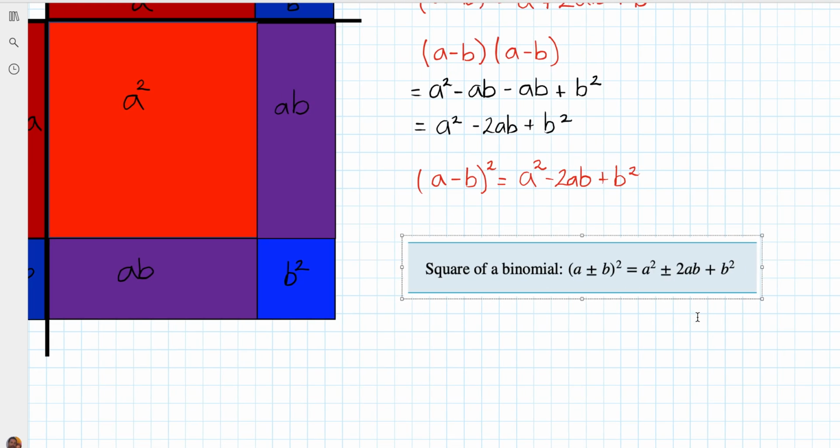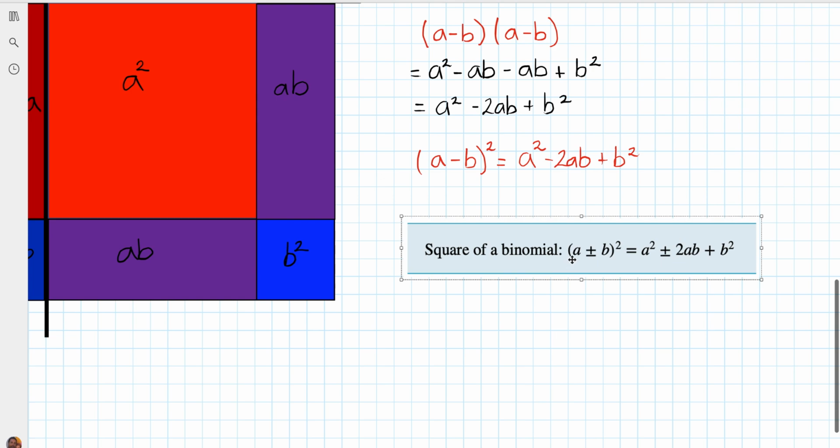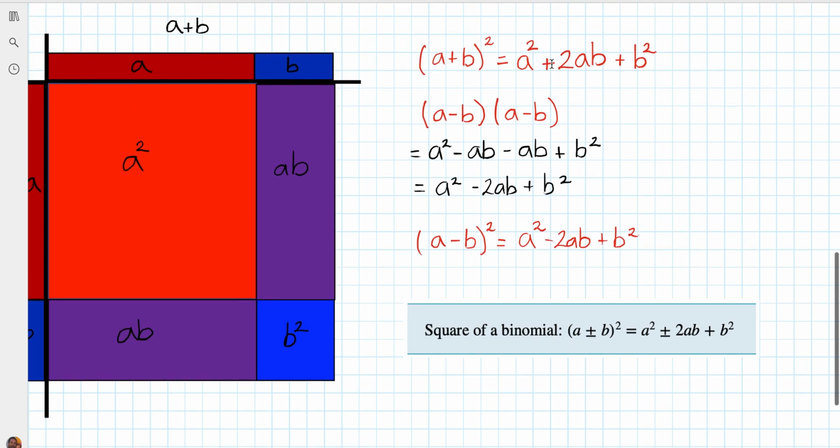It's saying that if you have A plus B or A take away B, squared, to expand it you will have the first term squared. If you're having a plus, then it's going to be plus 2 times the first term times the second term, plus B squared. If you're subtracting, then it's going to be take away 2AB plus B squared, as we demonstrated here. So here is when it's plus, here when it's minus, and here you have it in abbreviated form.